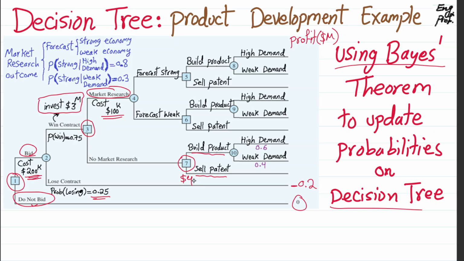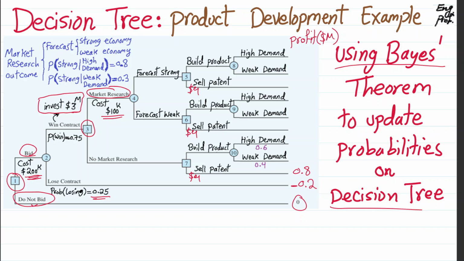Since we have already spent $3 million in investment and $200,000 for bidding, the leaf of this branch would be 4 minus 3 minus 0.2, so effectively a gain of $0.8 million. So if we sell the patent, it is always $4 million.